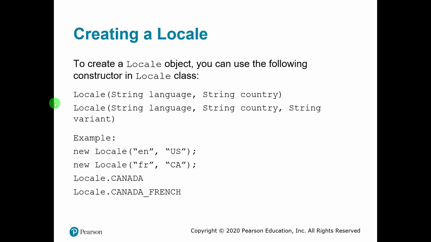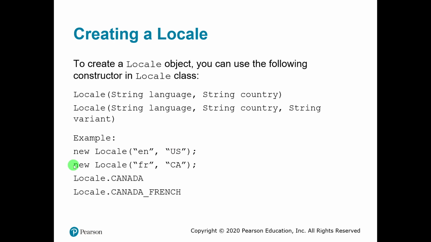To create a locale, we can run its constructors. We can say, make a new locale, and we can specify a language and country, or we could specify language, country, and some variant. Probably the first one is the most common. For an example, we can say new locale, English US. That would probably be the default for most of us watching this video in Northwest Ohio.